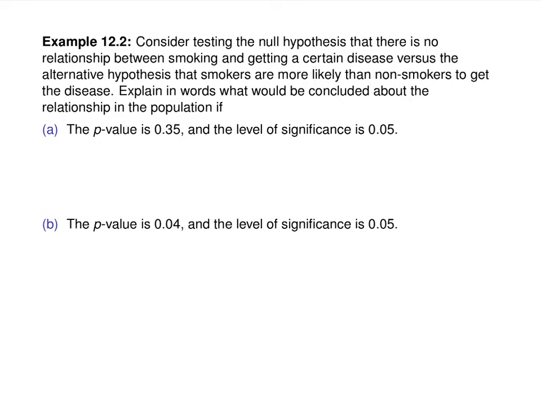So consider testing the null hypothesis that there is no relationship between smoking and getting a certain disease versus that there is a relationship, that smokers are more likely than non-smokers to get this disease. What would you conclude if the p-value was 0.35? Could you reject H naught, or would you not reject H naught in that case? Fail to reject H naught.